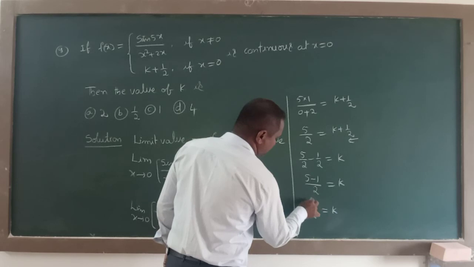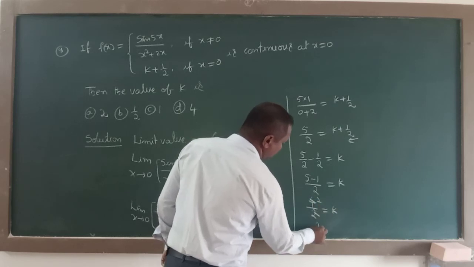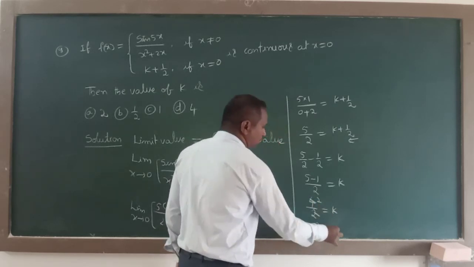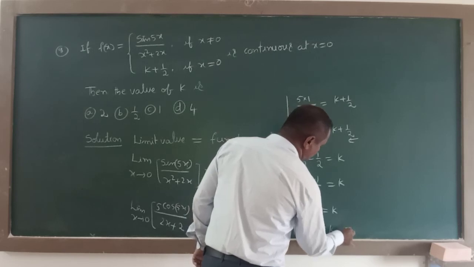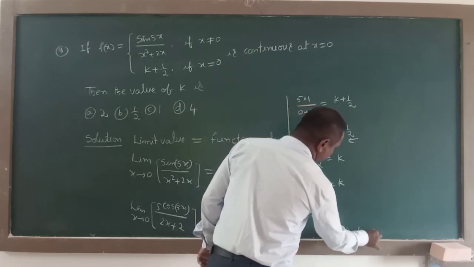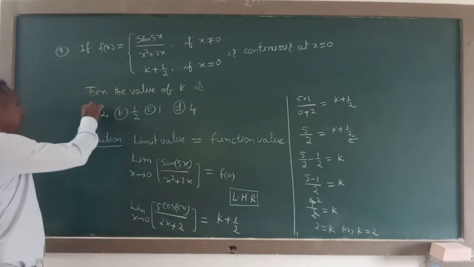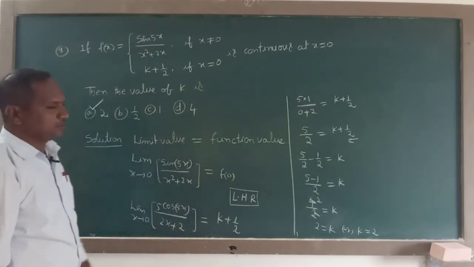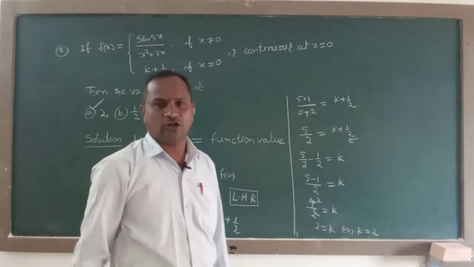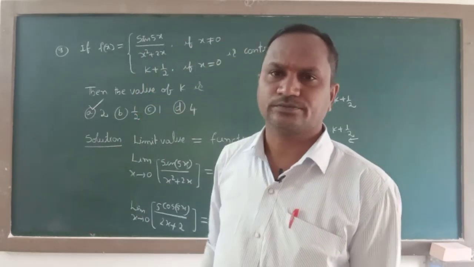Cancelling gives 2 is equal to k, or k is equal to 2. K equal to 2 is allotted to the first option. Therefore, the first option is the correct option for this question.